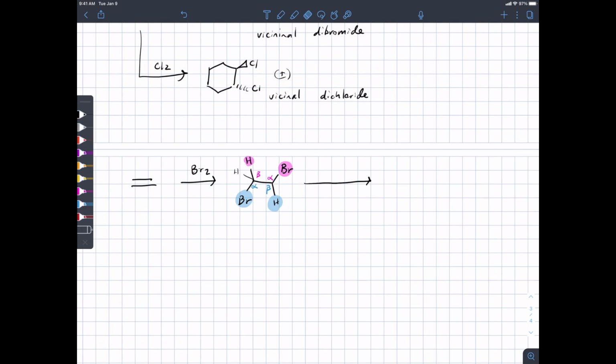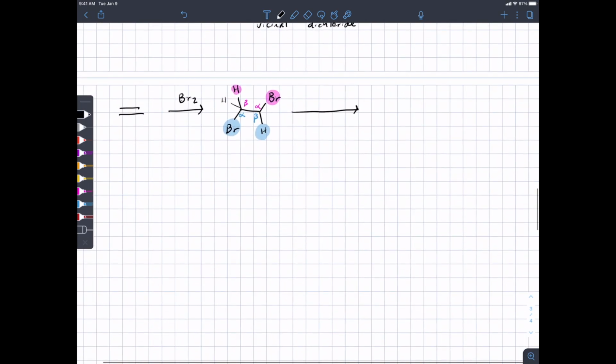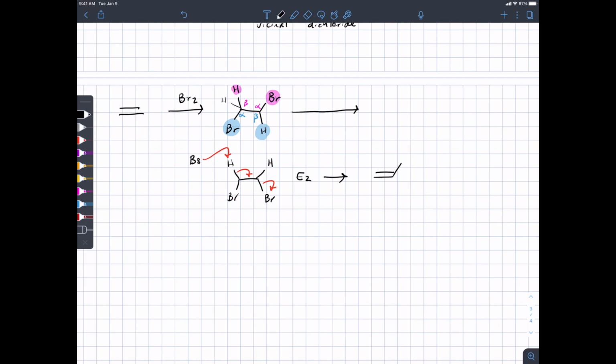So suppose I did one elimination reaction. I'm going to redraw the molecule in a way that maybe will make a bit more sense. Suppose I have a really strong base and I do an E2 reaction. And that gives me the following molecule.